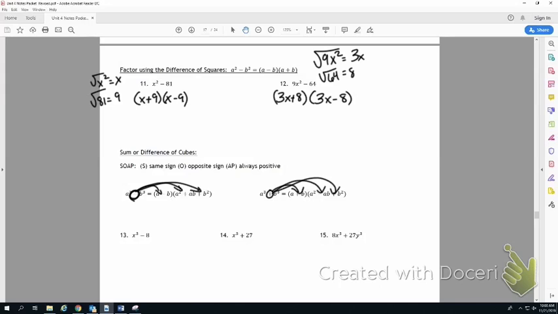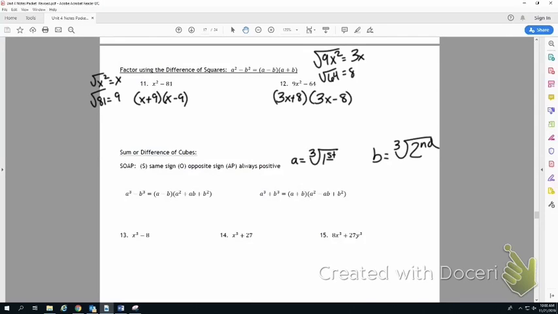And whenever we work through the examples, you'll see that's the first thing I put in, the signs. After that, to get the A value, you're going to have to cube root the first term. To get the B value, you're going to have to cube root the second term.